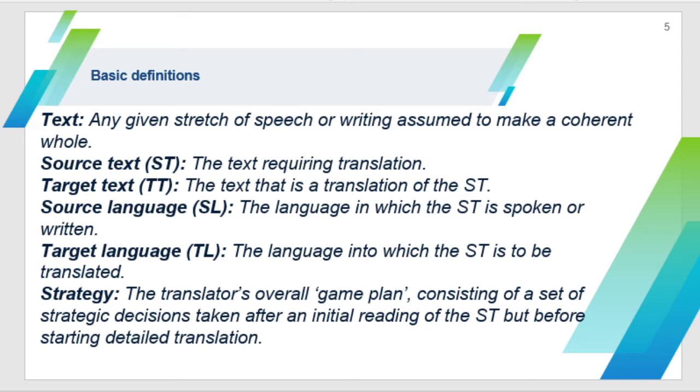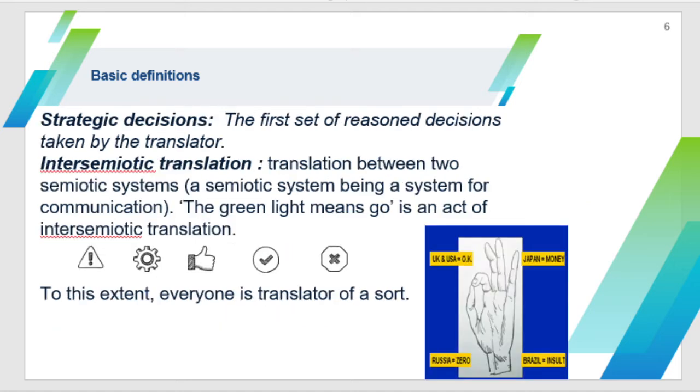So when you have a text in your hands and you have a job to translate it, first you decide what you are going to do, whether you will translate it literally or what type of translation you are going to use. So these are the strategic decisions, the first set of reasoned decisions taken by the translator.